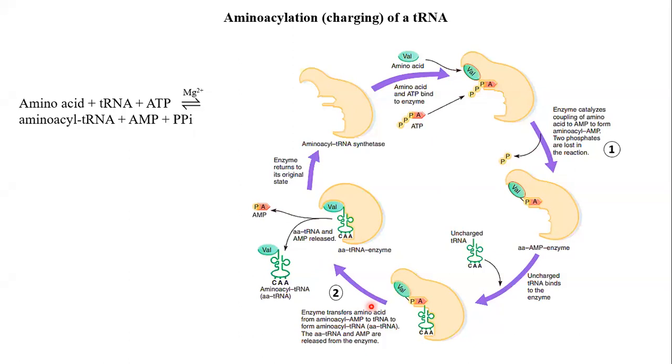Okay, before going into chemical details, here the enzyme, this amino acid is valine, right? So the transfer RNA which will get attached will have its anticodon. So what is the anticodon here? Can you tell me the anticodon for valine in this diagram?